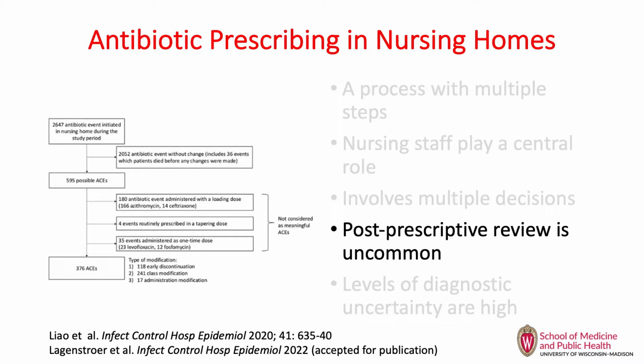So again, this is, I think, another opportunity for nursing homes to look at. How do we have a mandatory touch back in with the provider 2, 3, 4 days down the road and reassess, was it appropriate to start this antibiotic? And if additional information became available, stop that antibiotic if it's not necessary.